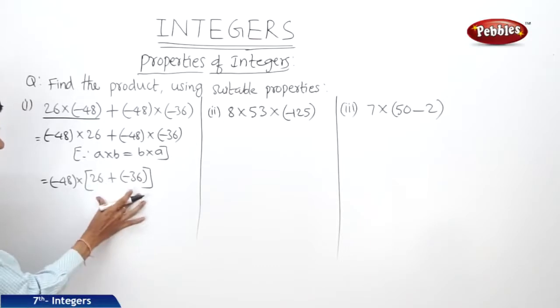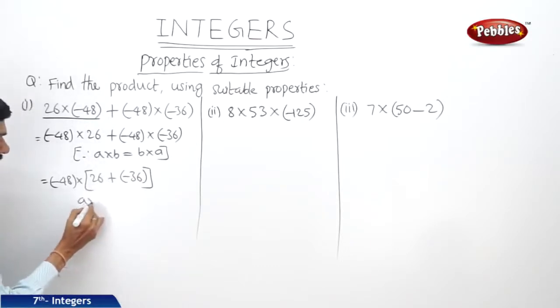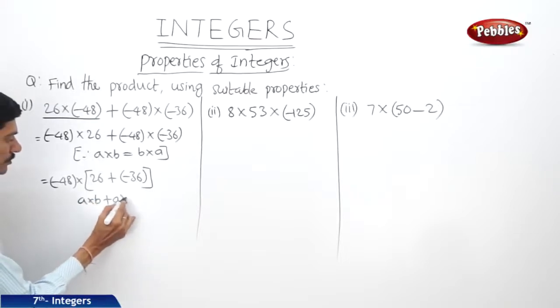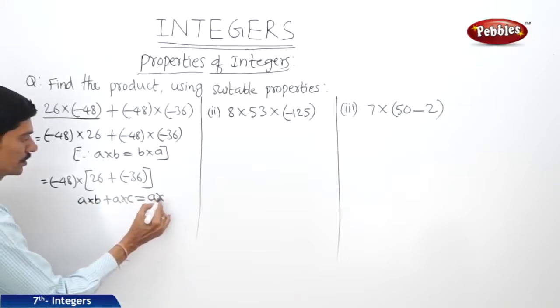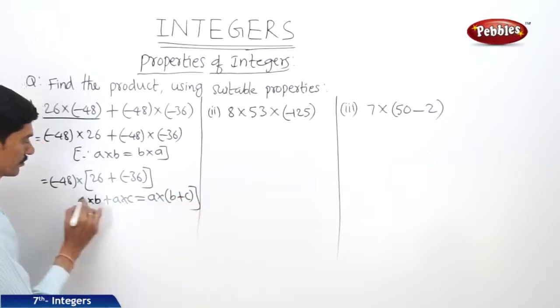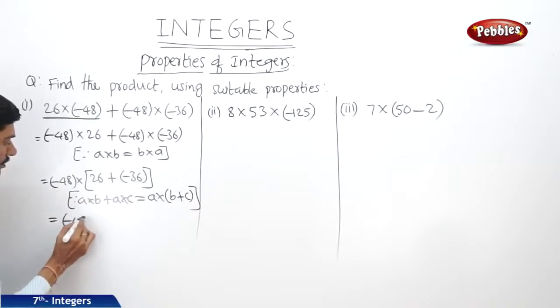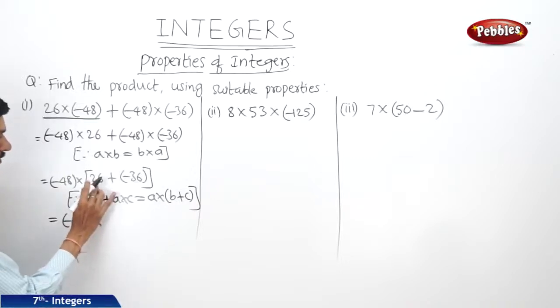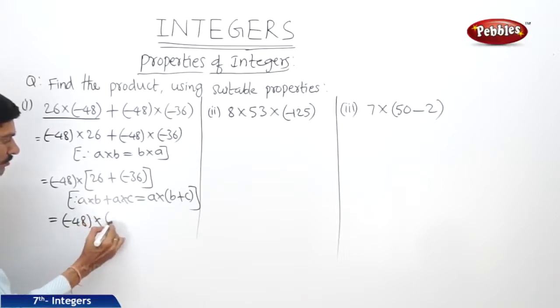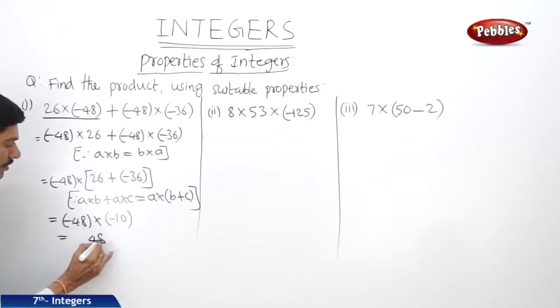So this is according to the distributive property of multiplication over addition, that is a into b plus a into c equals a into (b plus c). Now this equals minus 48 into (26 minus 36, which is minus 10). So minus into minus is plus, and 48 into 10 is 480.